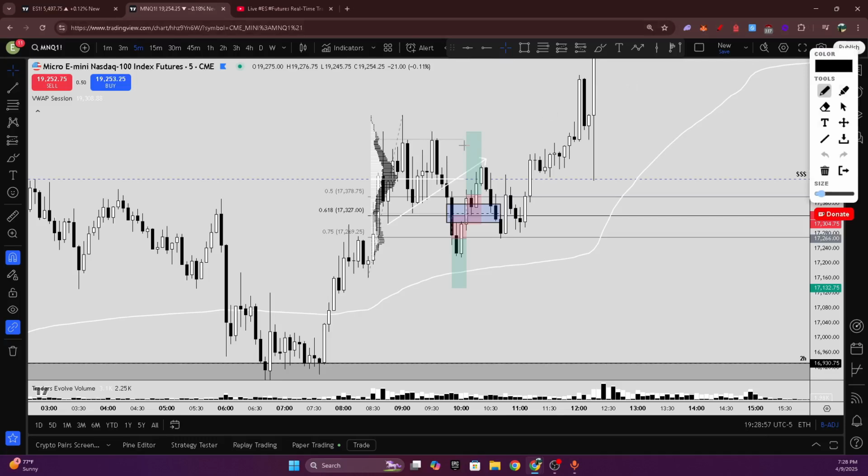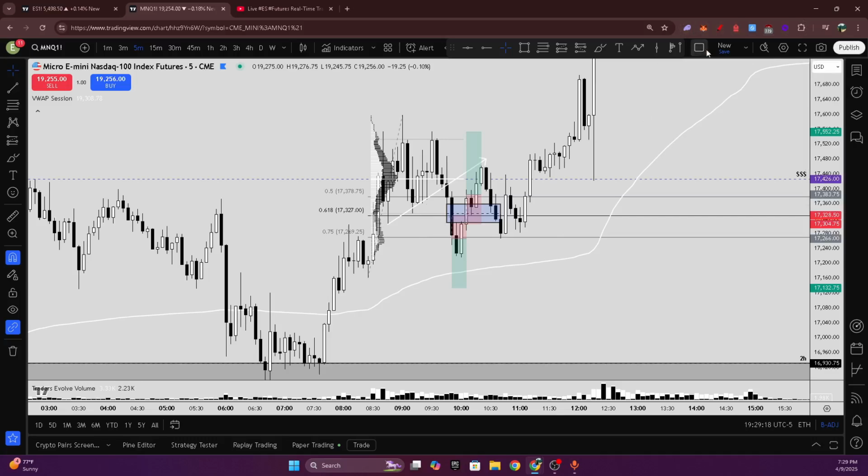From there, we saw a dump right after we made this lower high. Potentially some structure traders could have used this lower high as an indication that price had more probability of breaking the trend and pushing further down.